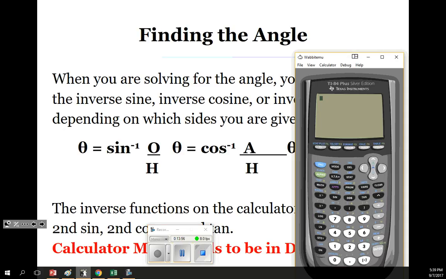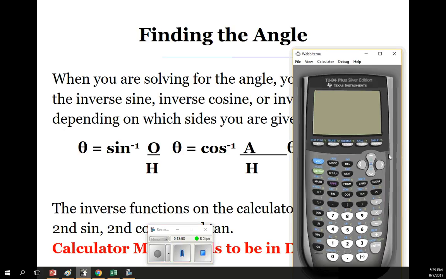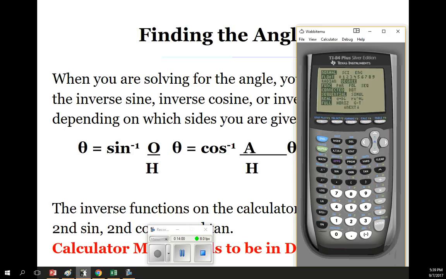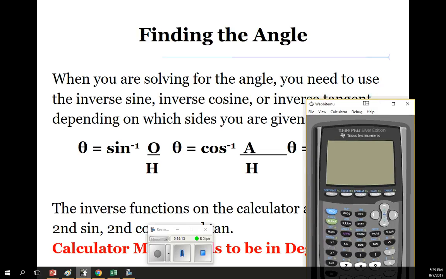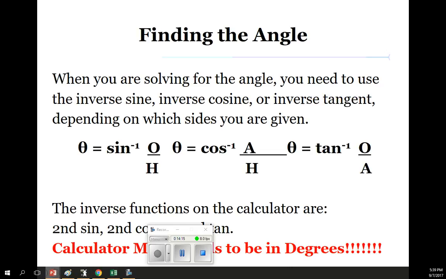So here's the calculator. You want to hit mode, and you want to take this little toggle switch right here and go from radian over to degree, you hit enter, clear, and you're ready to go. Anytime we're dealing with cosine, sine, or anything, our calculator needs to be in the degree mode.